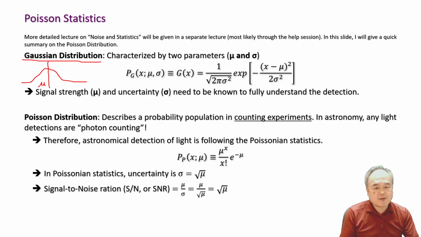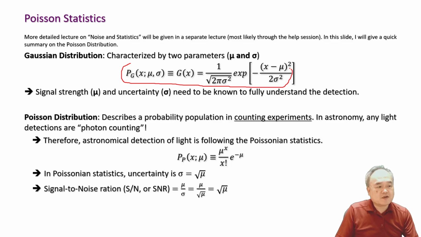One is the average value, and the other is the spread of the bell curve, known as sigma or standard deviation. Once we know the average and standard deviation, we can uniquely define that particular Gaussian function. So to uniquely define the Gaussian function, we need two parameters, average and standard deviation, or average and uncertainty.